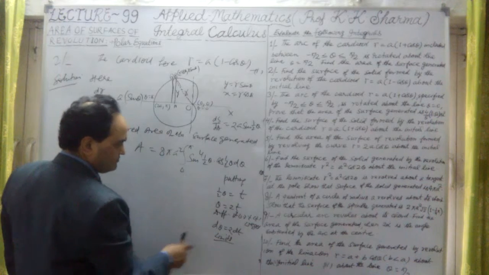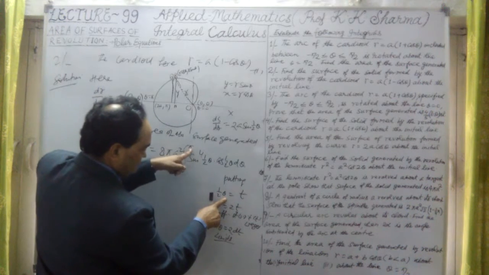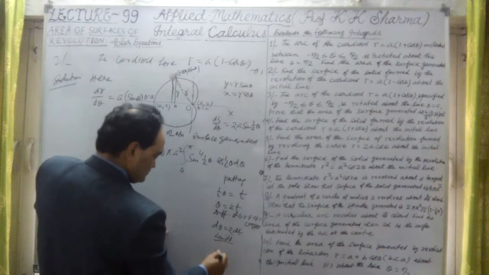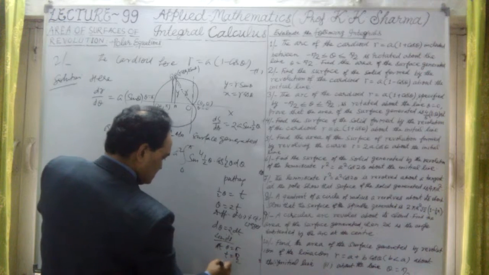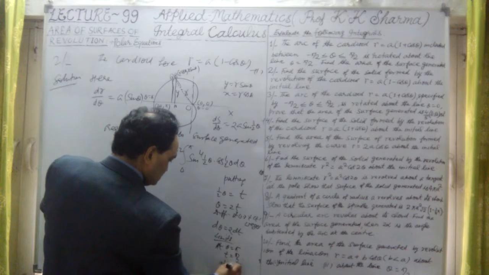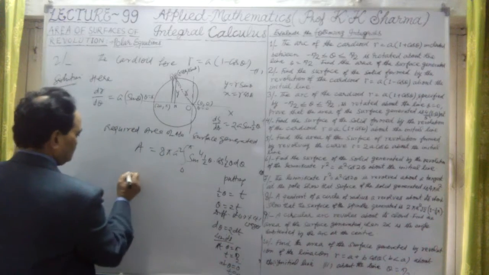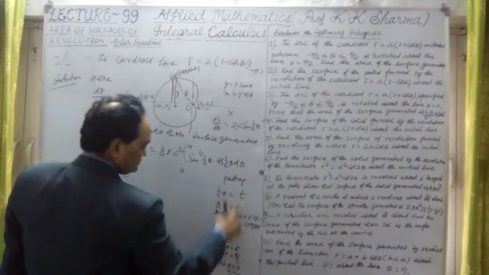Put the limits here. When theta is pi, t equals pi by 2. And at theta equal to 0, t is also 0. So the limits are this.